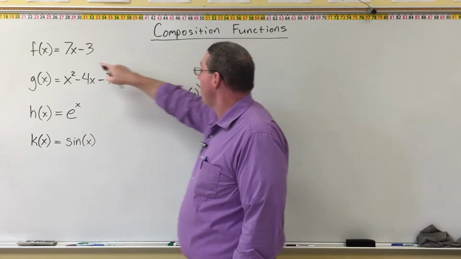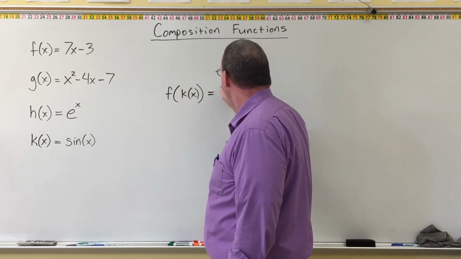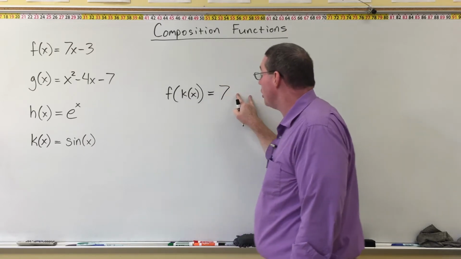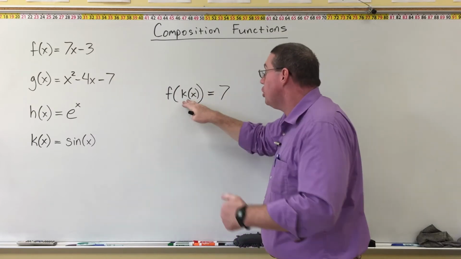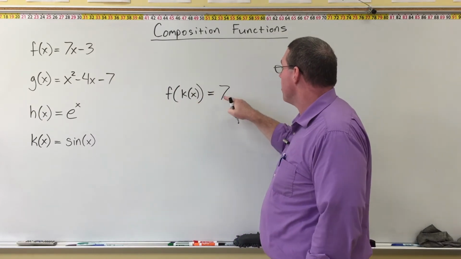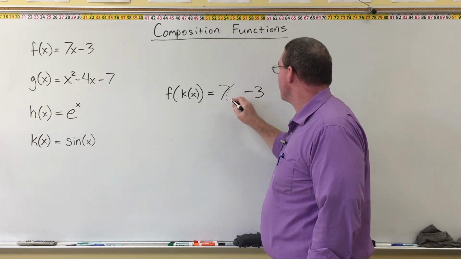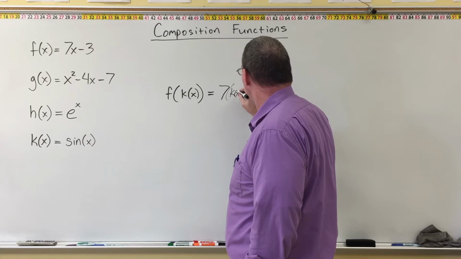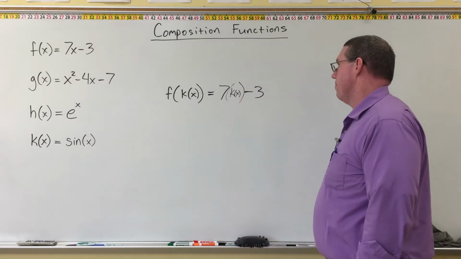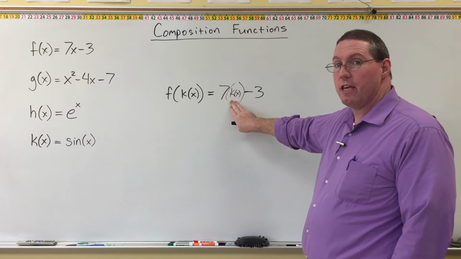And since f of x is equal to 7x minus 3, we would replace the x with the whole function k of x. And so instead of 7x minus 3, what we'll have is 7k of x minus 3. Okay? So in the place of the x, we'll put whatever k of x is equal to.